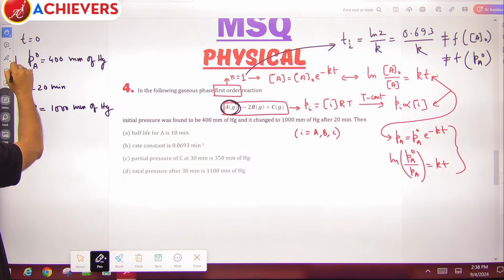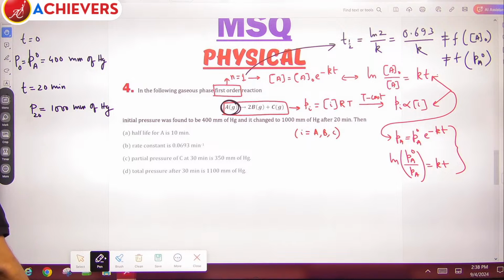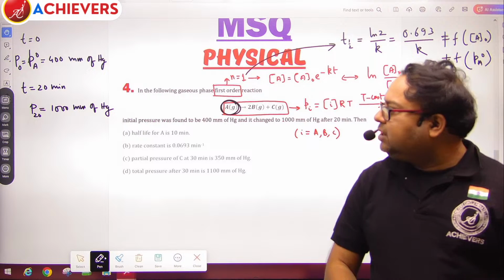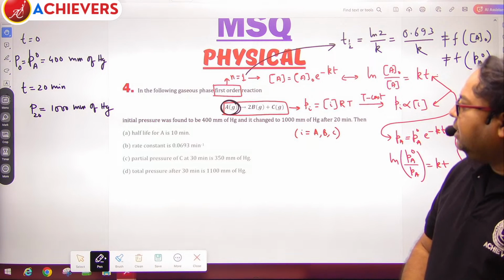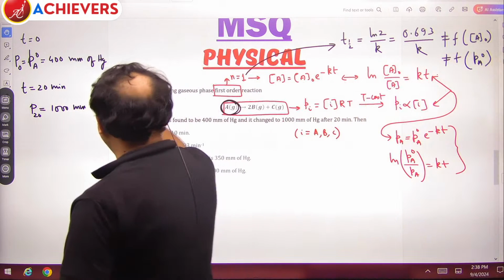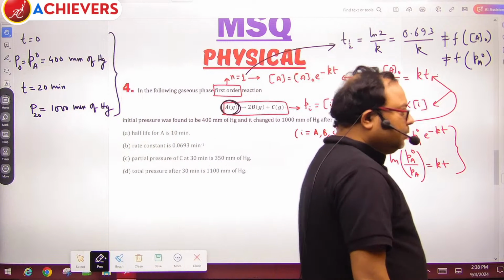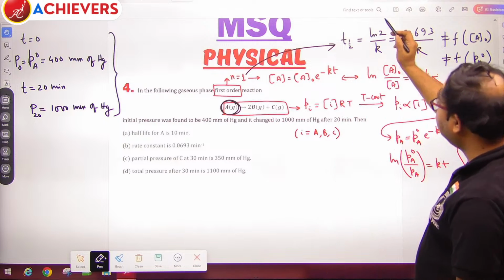So P at 0 minute is PA naught, which was 400 millimeter of mercury, and after 20 minutes, P is 1000 millimeter of mercury. This is given, and these facts are known to us.